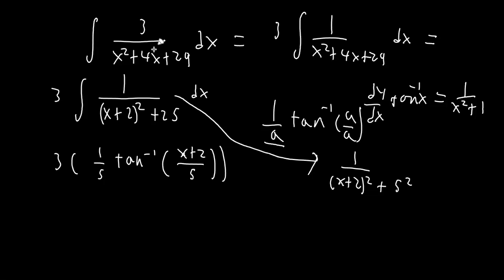The square root of 25 is just 5. So that's why it's 5. Then our answer here would be 3 over 5 tangent inverse of x plus 2 over 5.